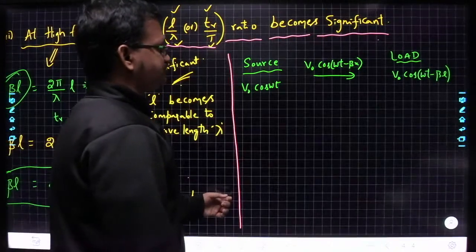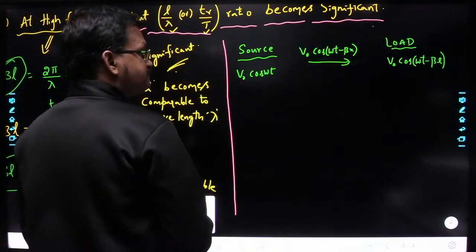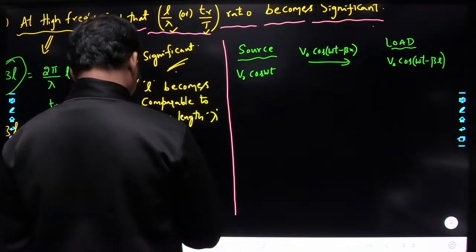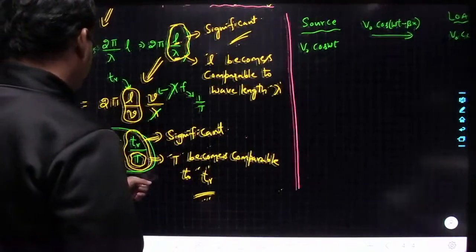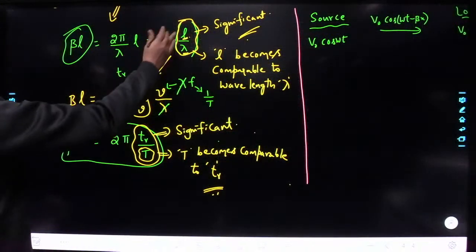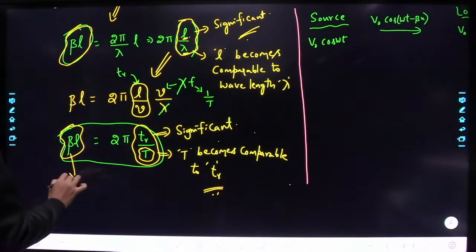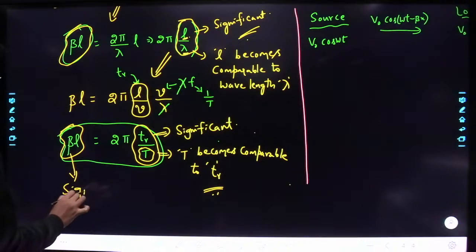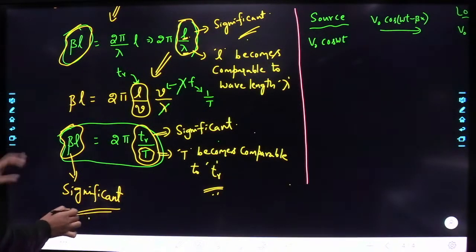Now see here, beta L. The TR by T ratio becomes significant, or the L by lambda ratio is becoming significant, which means this beta L value will also become significant. So you cannot neglect this beta L value.